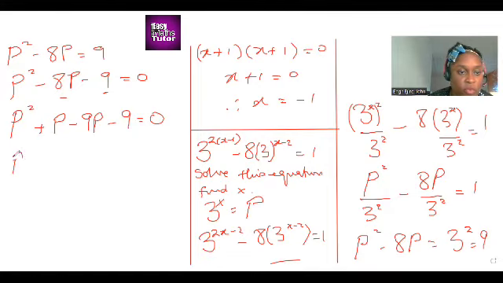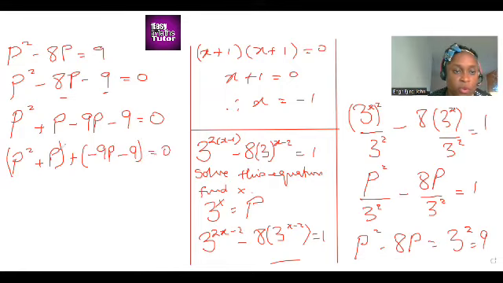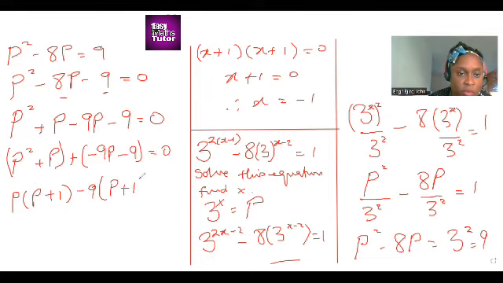So if we group this into brackets, we say p squared plus p, minus 9p minus 9 equal to 0. If we begin to factorize, the common factor here is p, so we have p times p plus 1. The common factor here is minus 9, so we have minus 9 times p plus 1.